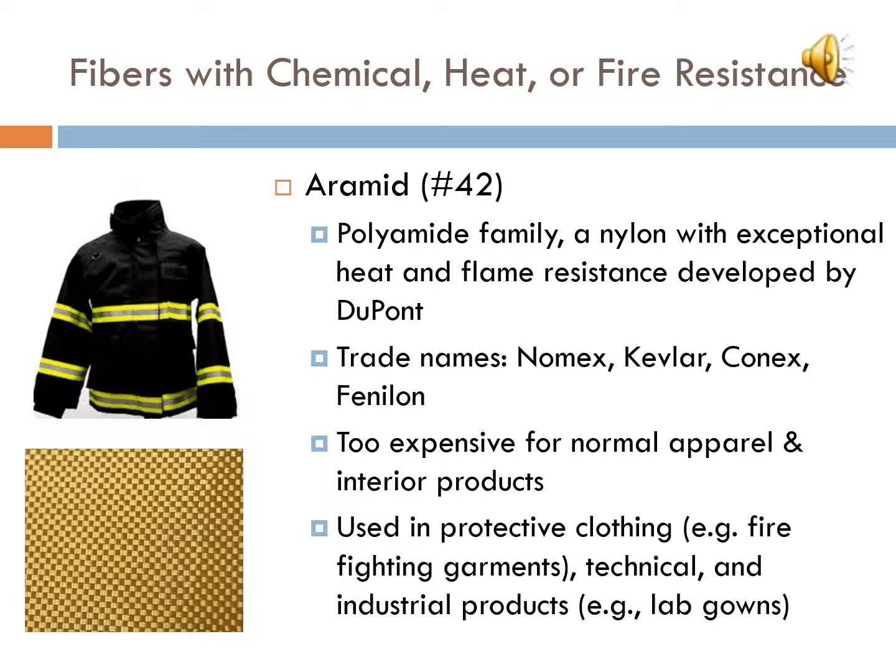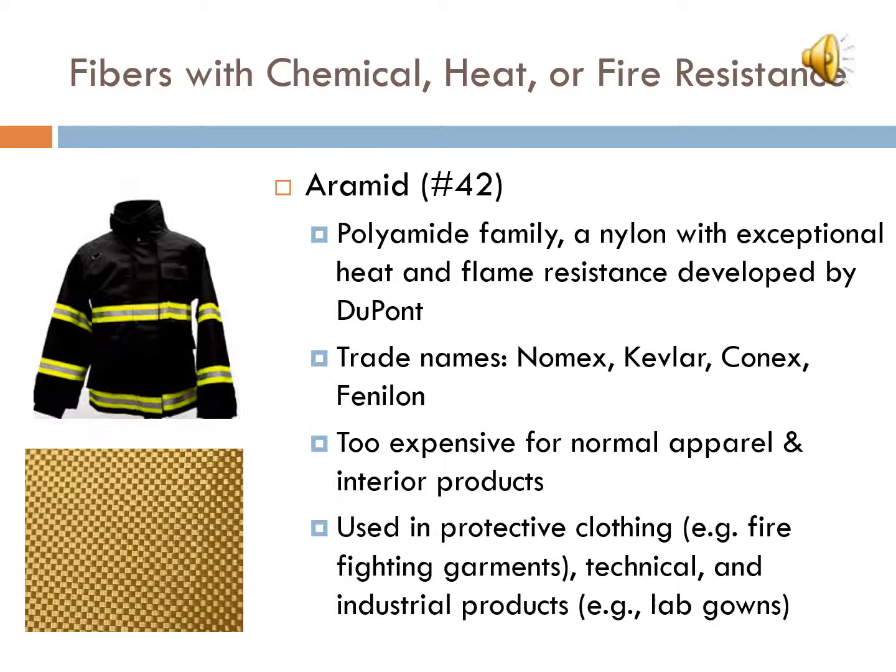In addition to the elastomeric fibers, we are going to talk really quickly about fibers that have chemical, heat, or fire resistance, which is basically the purposes for which these fibers are used. So aramid is the primary one that we're going to talk about here, and in your kit you can see an example of that under number 42. But aramid is actually a member of the polyamide family. It's basically a nylon that was developed specifically for heat and flame resistant properties.